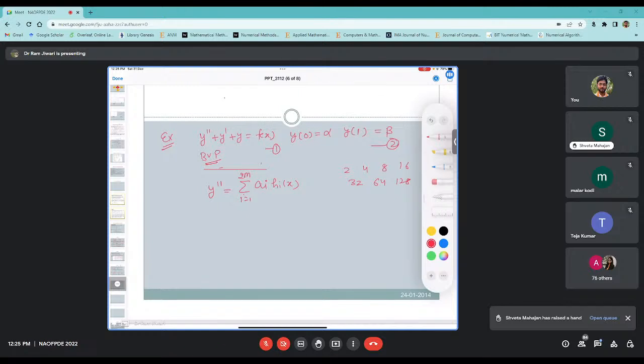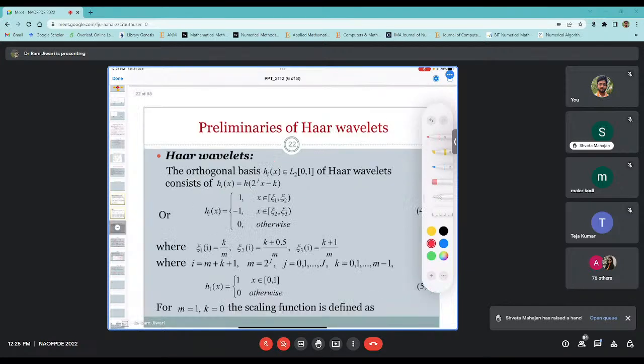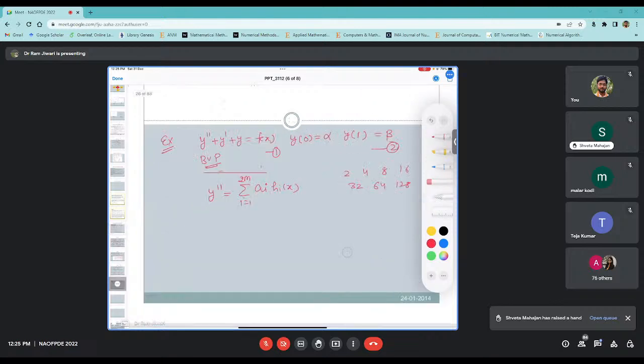Why are we doing this? Because you can see that this function is not a differentiable function, so we cannot differentiate it like in collocation methods with finite derivatives.